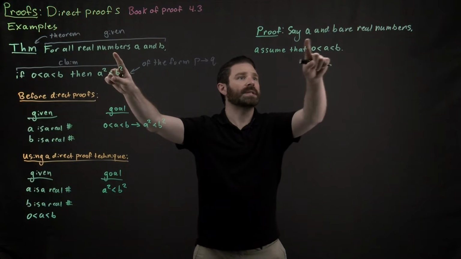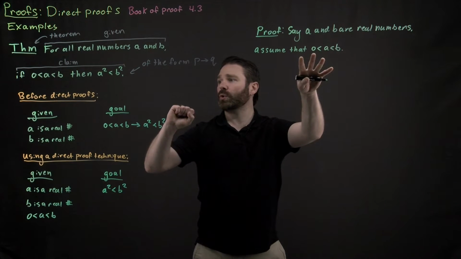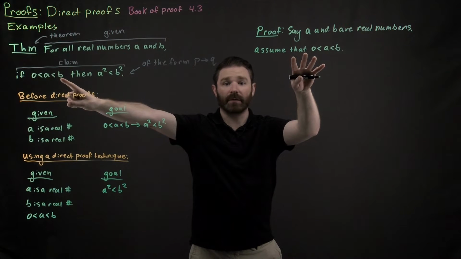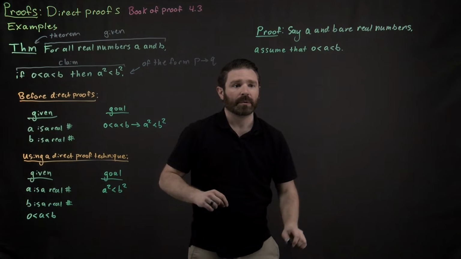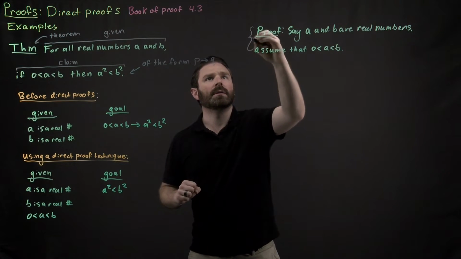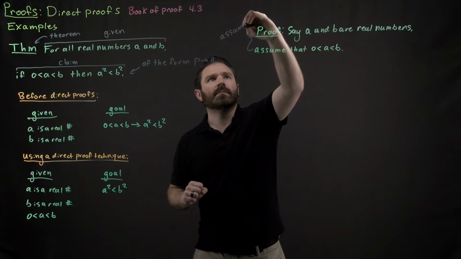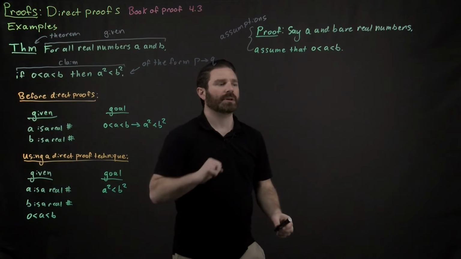So it starts out with what was given to us, say a and b are real numbers, and then you assume the hypothesis of the claim that you're trying to show. So when I wrote it down previously, those are our assumptions.